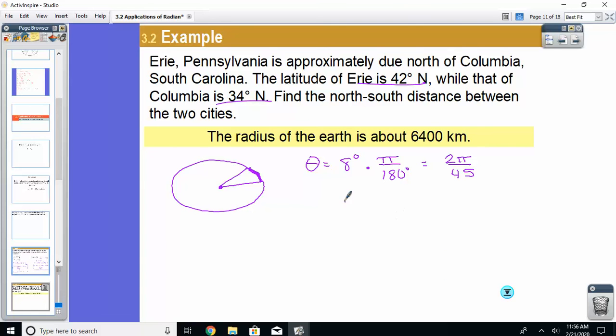So now I want the distance between them. That's my S equals my R, 6,400, times my theta, 2 pi over 45. Now you could put this as a fraction.